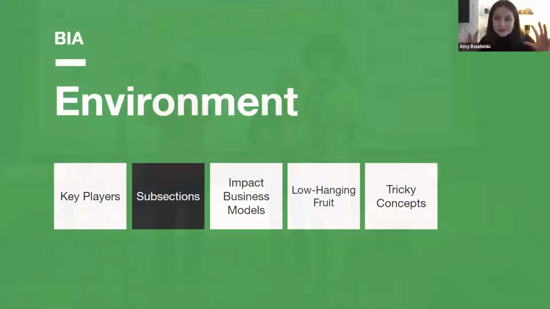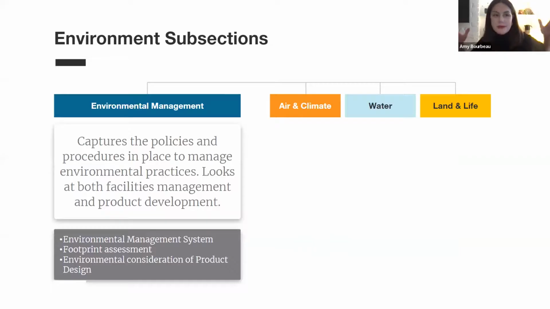Now we're going to dive into the subsections or impact areas of the environment section. There are 4, and it starts off with the environmental management section, which looks at an overview of what policies and practices you have in place around the environment, and understands, at a high level, what you have done to measure, understand, and set goals around your environmental impact.